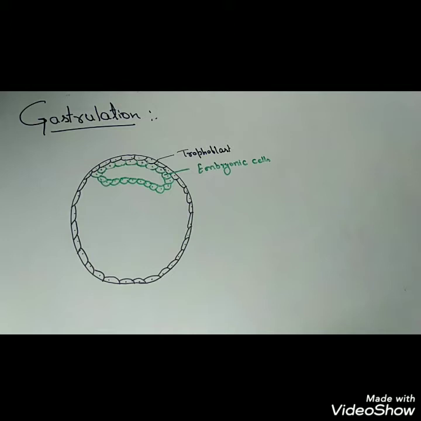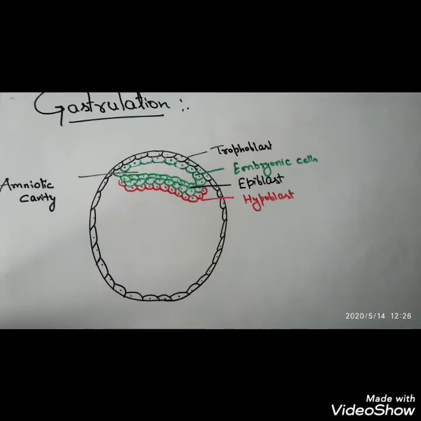The embryonic cells which are lying toward the embryonic pole then develop a cavity, and this cavity is called the amniotic cavity. Besides the formation of the amniotic cavity, these embryonic cells undergo the process of differentiation, resulting in the formation of two layers.